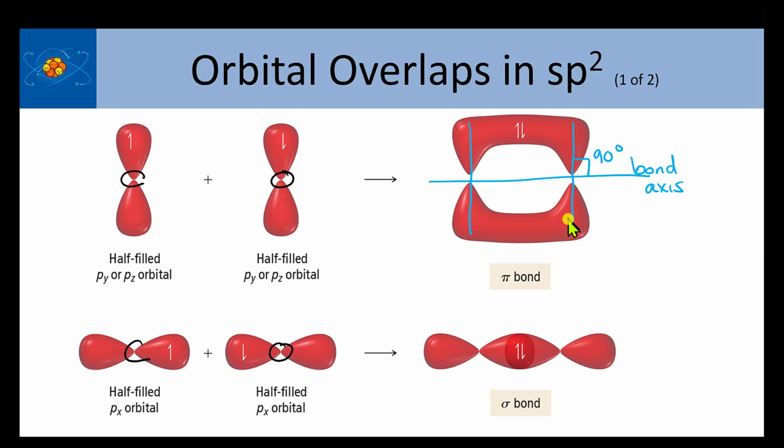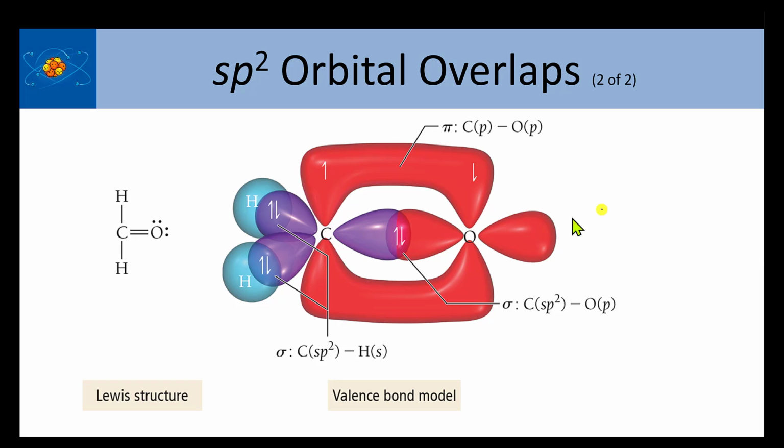So now let's take a look at the orbitals in formaldehyde and the types of bonds that it's forming. I have an sp2 hybrid orbital on a carbon and a hydrogen s orbital. That forms this sigma bond, so this is designated as a sigma bond. And then I have an sp2 hybridized orbital on the carbon.